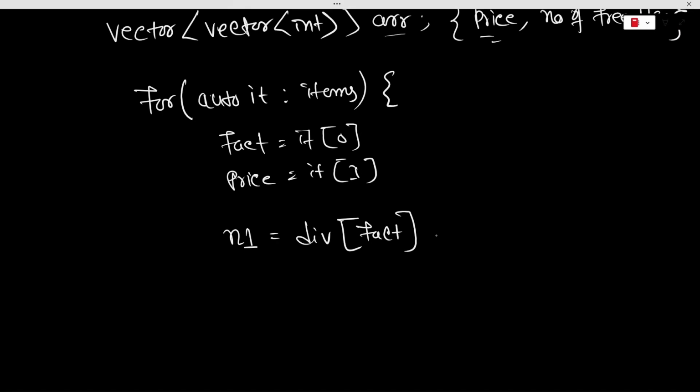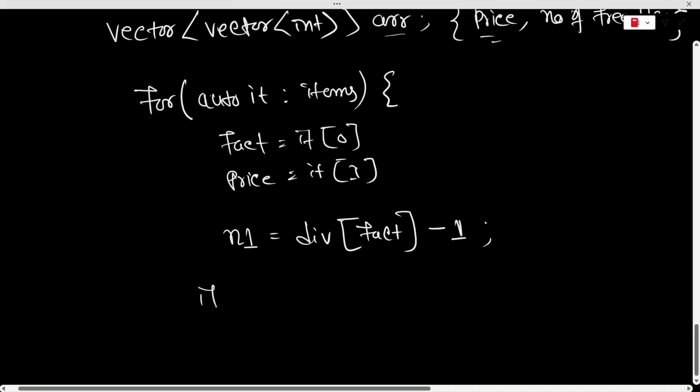This much we can get minus 1, because if we are buying this item, we can't get this item as a free one, since i is not equal to j, right? That's why minus 1, and we can then just push it into the vector.